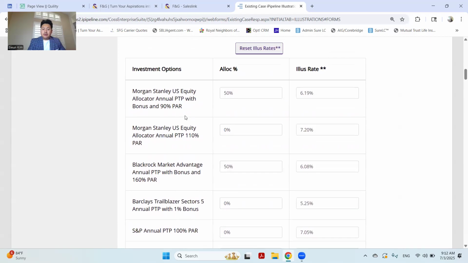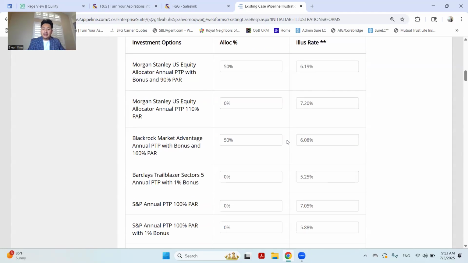So if you were to opt into the best ones, this is what I recommend. I look at the illustration rate. This means what the insurance company has performed for these indexes, and they show this number. Usually this is more conservative than what they actually did, but this is the max illustration rate based on the last 20 years of history.